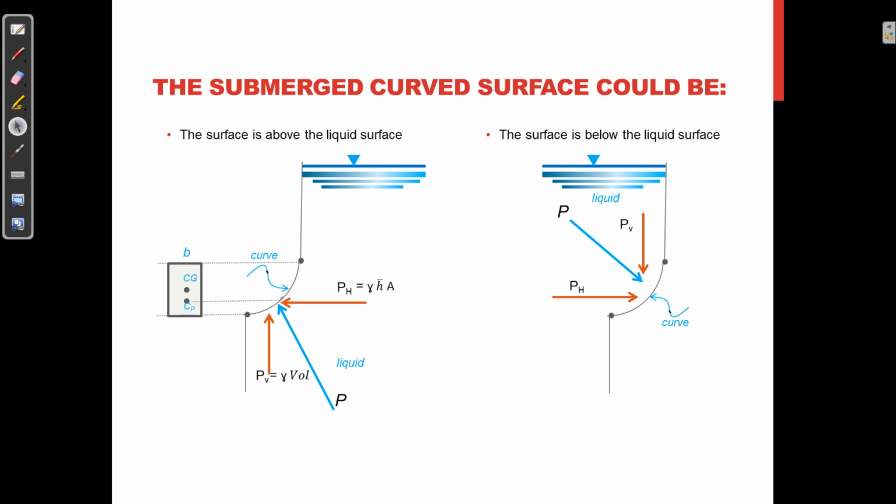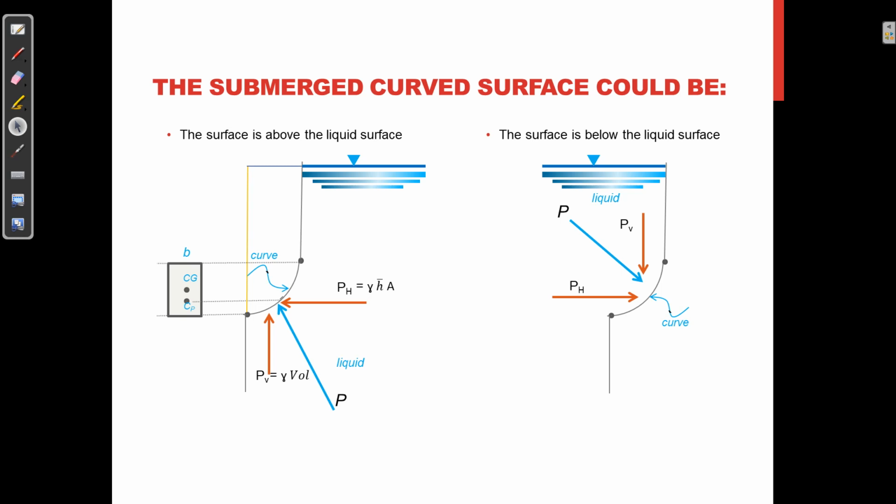So, one thing new here is the vertical component of our P, and that is given by the formula gamma times volume. So, to get the volume, we'll just have to project the curved surface upwards up to the liquid surface.